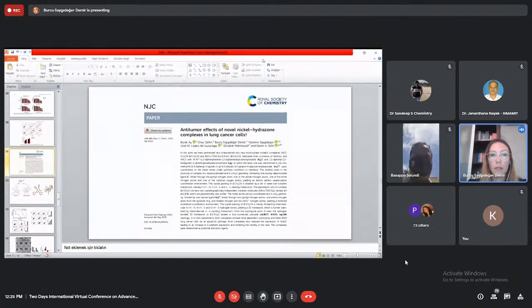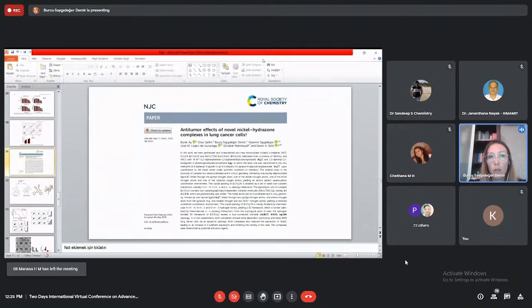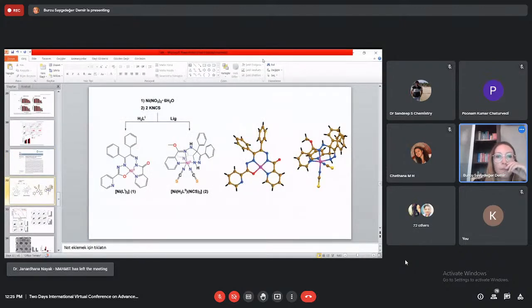The other study is one we have done with hydrazone ligands. We also compared with Iran collaborators. Hydrazone ligands are highly preferred ligands in the fight against cancer, which can easily interact with DNA due to their flexibility and many other superior properties.